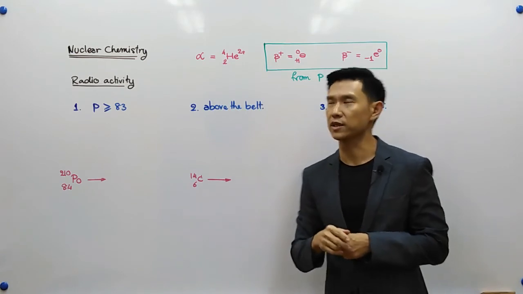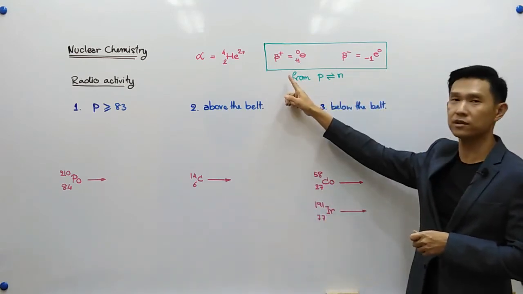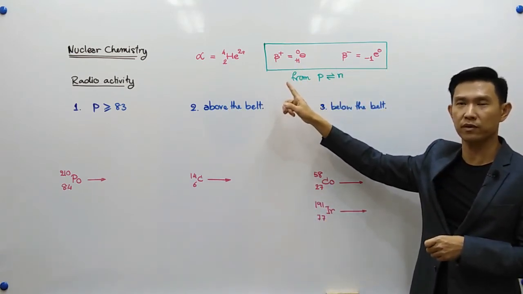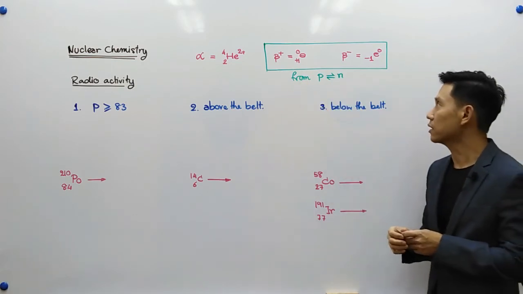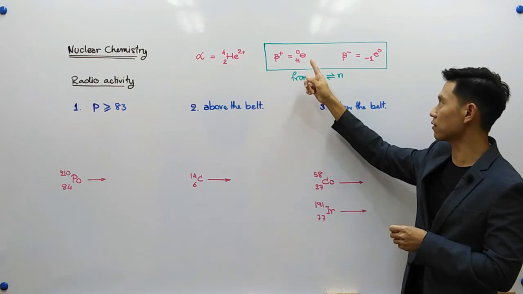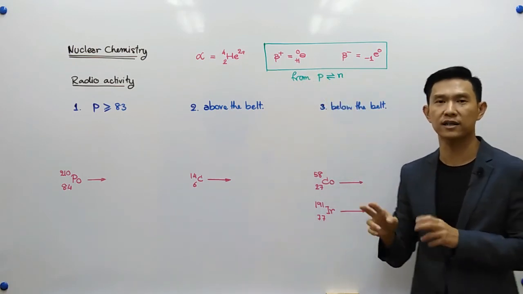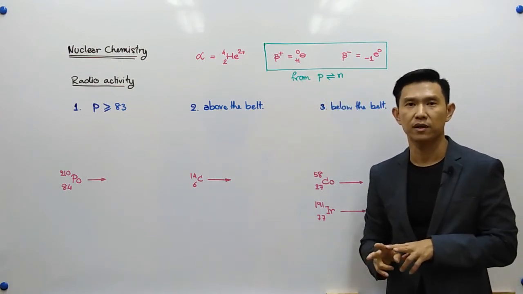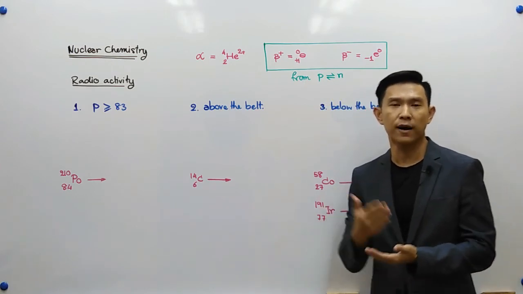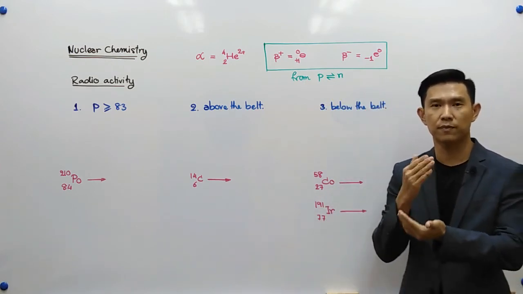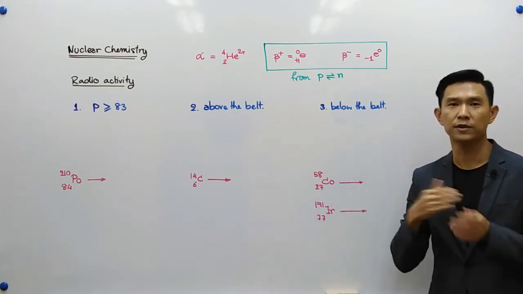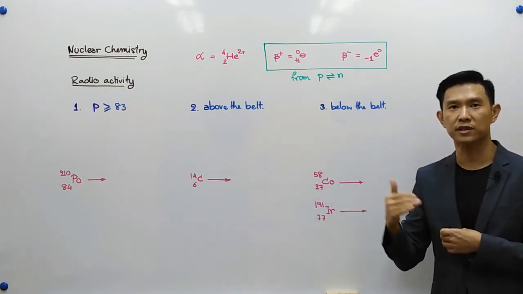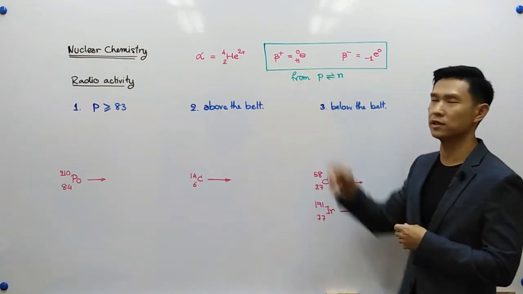The second alternative is beta plus, or positron. Beta plus radiation is actually the antiparticle of the electron. You know the electron, right? The antiparticle of the electron is a particle with the same mass as the electron but the opposite charge. So the electron is negative, and the positron is positive.